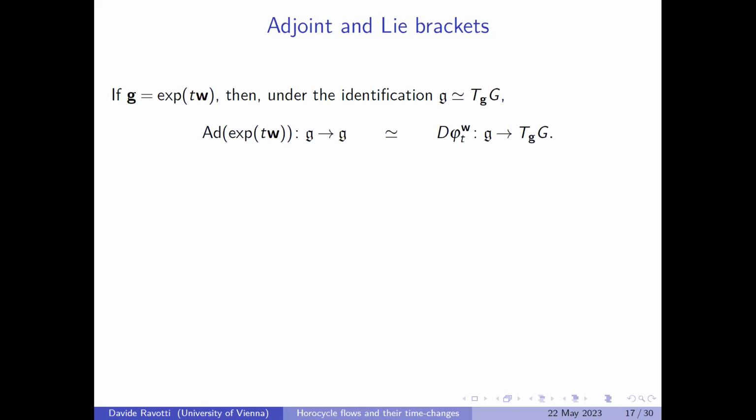So this is gamma of t, and this is gamma prime of 0. So if I apply my phi_W of t, here I get a new curve that is gamma(t) times the exponential of tW, which is phi_W of t applied to gamma, so maybe call it s, of gamma(s).